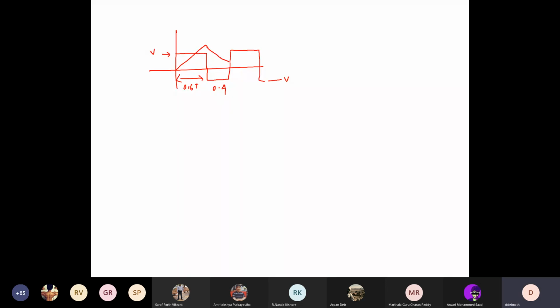Then next cycle it will build up again like this. Eventually L will be damaged. Do you understand this? You're saying the same thing, right? Yeah, exactly, sir.